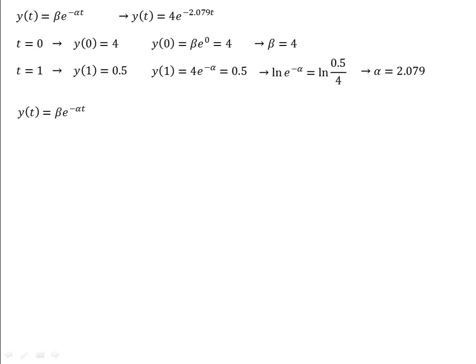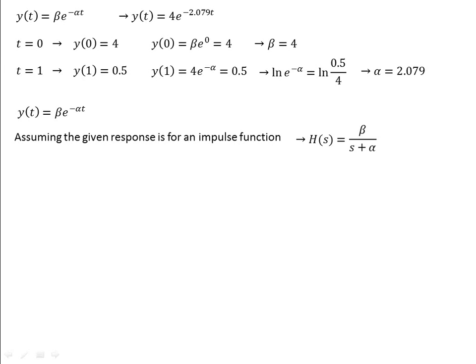So if y(t) is in this format and we have found beta and alpha, assuming this response is given for an impulse function, the transfer function H(s) will be beta over s plus alpha.